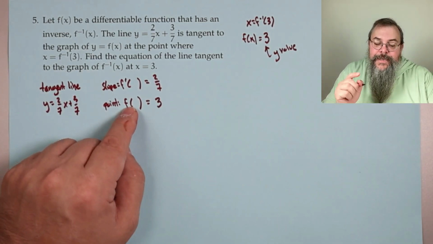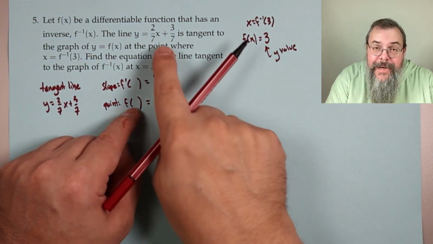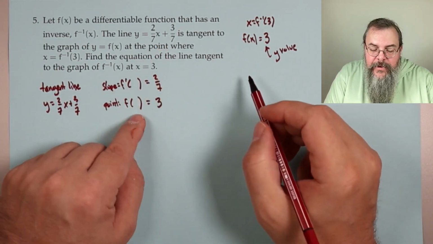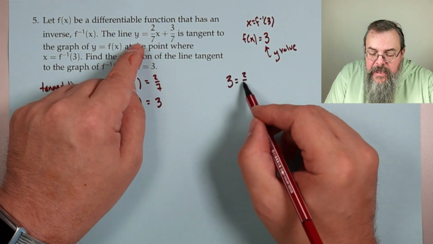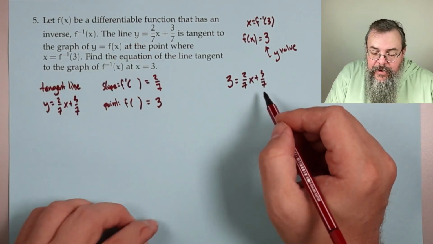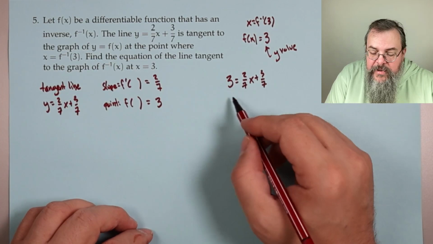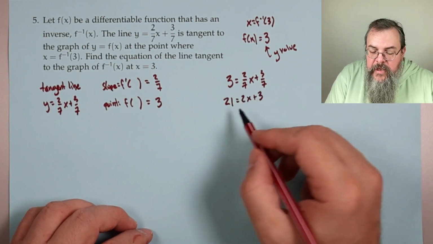Now, you might say we can't figure it out, but we can, because we have our line. So we say, look, if I know the y value, I can solve. So we have 3 equals 2/7 x plus 3/7. Okay, multiply by 7. 21 equals 2x plus 3.